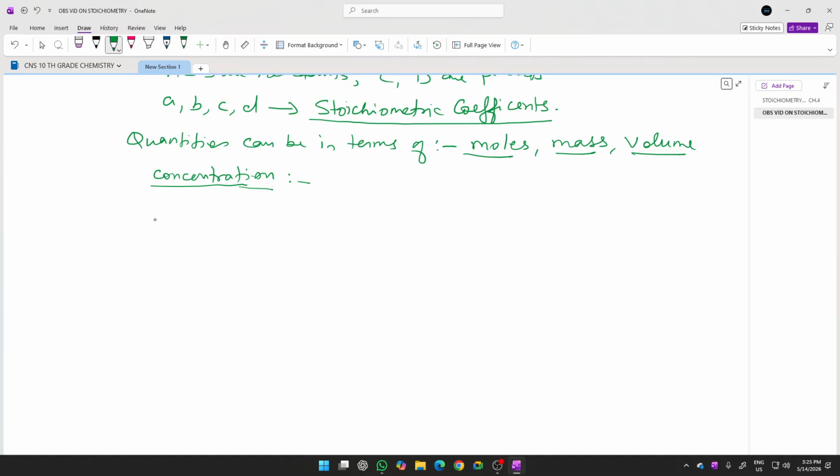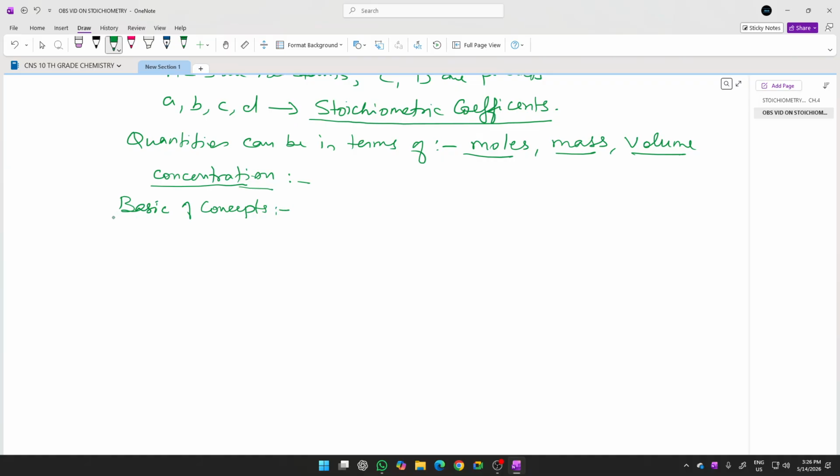Before taking a deep dive into this topic, you should know certain basic concepts of chemistry, which many of you must be aware of.